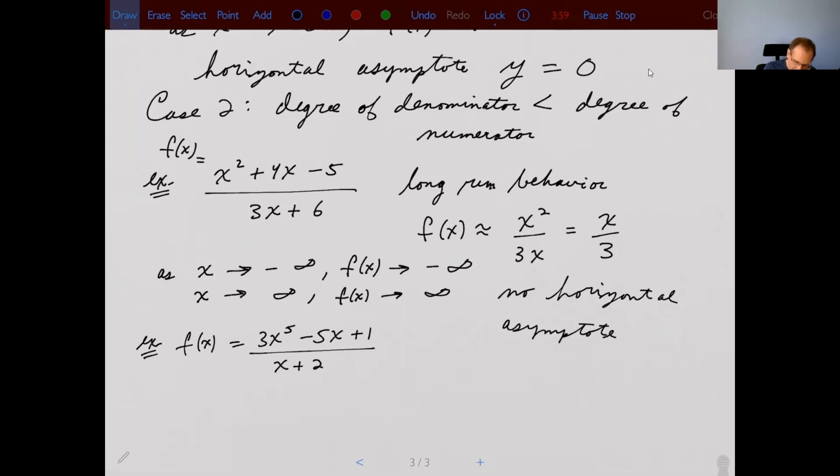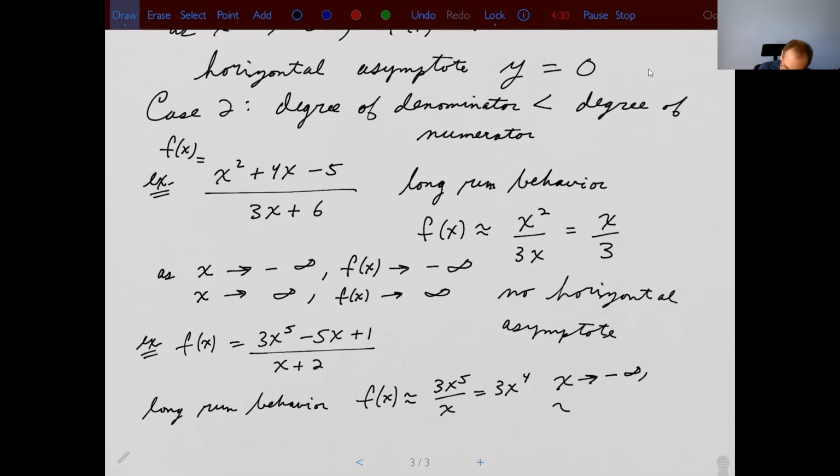So if I'm just looking at long run behavior, I only need to look at, again, the ratio of the leading terms. So f of x looks like, I'll say approximately, 3x to the fifth over x. But that's equal to 3x to the fourth. Well, so in this case, what happens as the input gets really, really small or really, really large? Again, f of x is going to blow up.